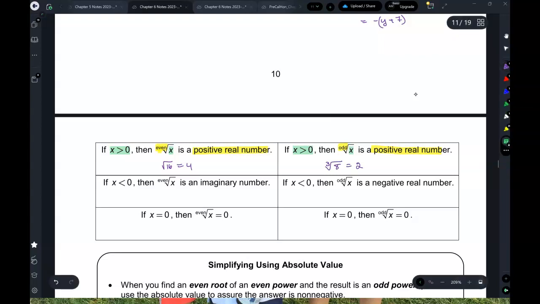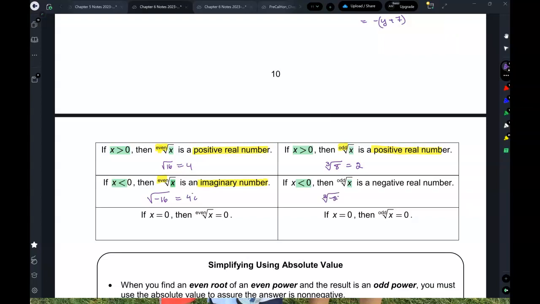Now let's think about what if this x is negative. If I have an even root, then I have to get an imaginary number, because if I have the square root of some negative number, then this is 4i. That's an imaginary number. But if I have the odd root of some negative number, then that's just a negative number.